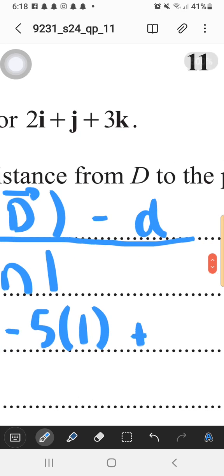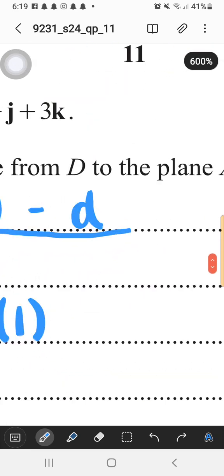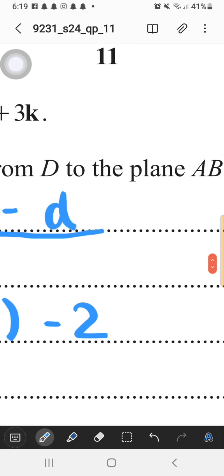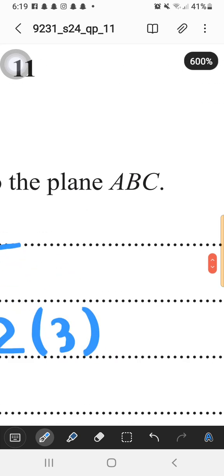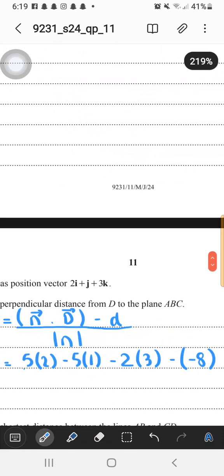And the k is negative 2k, and k multiplied by k becomes 1, so we remove the k and it becomes negative 2 multiplied by 3, and minus 8. Our d was minus 8. Now divided by modulus of n.